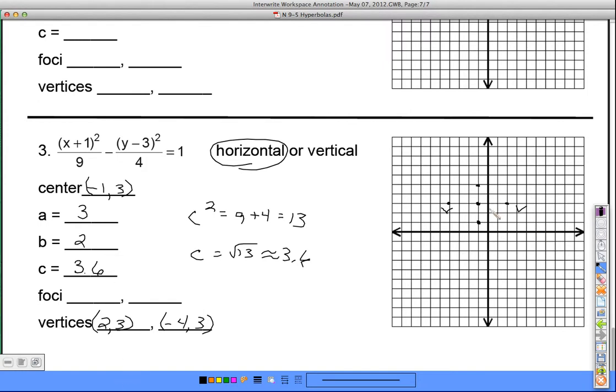So we're going to go here along the axis where we have our vertices, and 1, 2, 3.6, just barely past that, and then here 1, 2, 3.6 right there are our two foci. So our focus is out here, our vertex is just inside of that. Alright, so the focus points are 2.6, 3, and negative 4.6, 3.